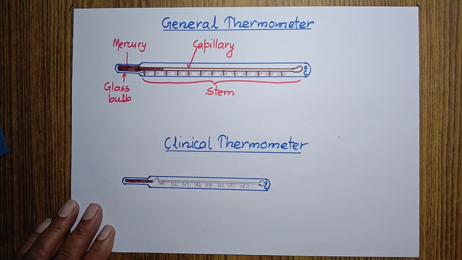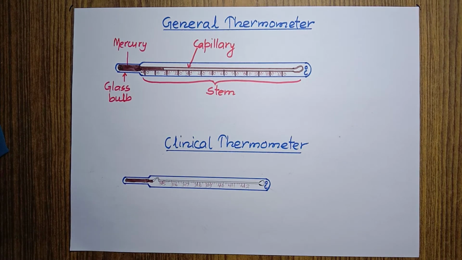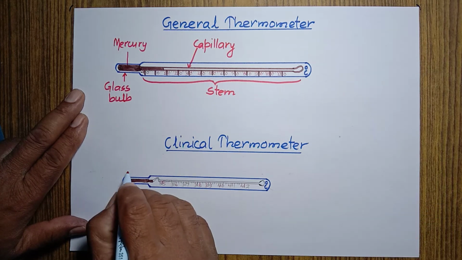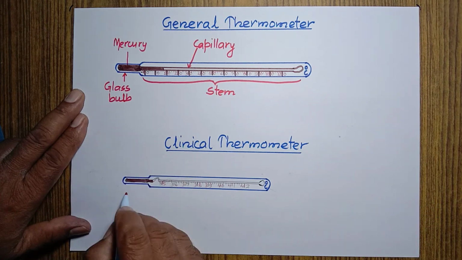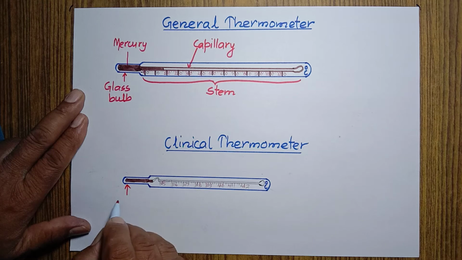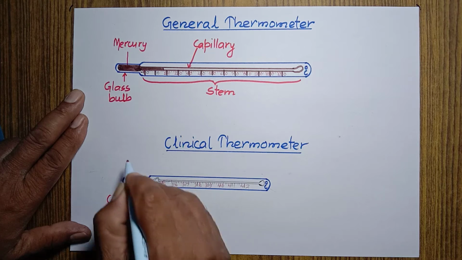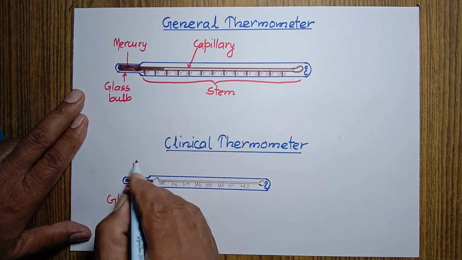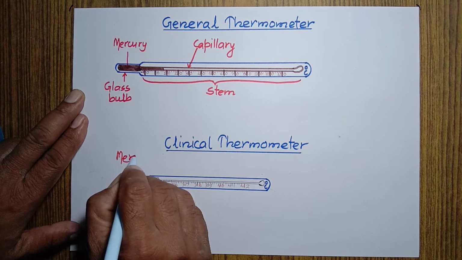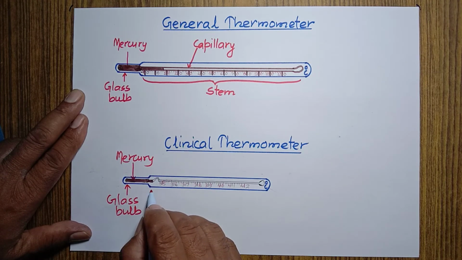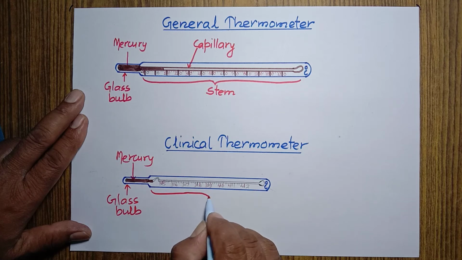Okay, now here also we have to write the names. I mean to say, without labeling, a figure doesn't exist. We have to remember this. The same thing here also. This is the glass ball, and this is mercury, and the thermometer has two parts.